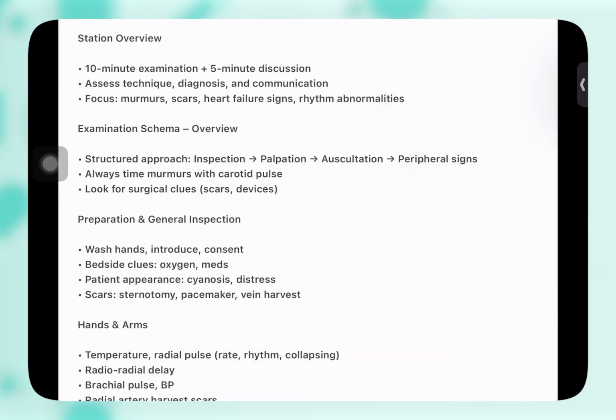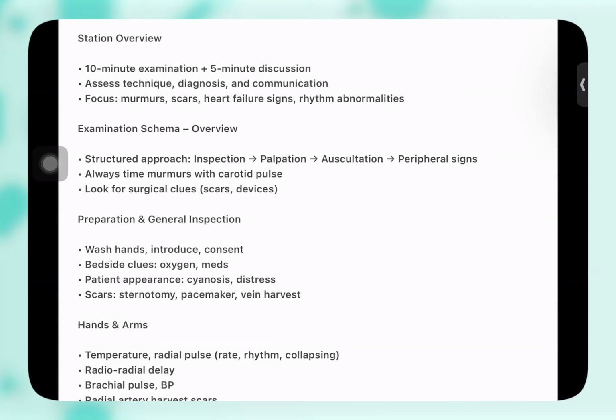What you see on the screen is a basic scheme for how to go about assessing a patient who has been given to you at the cardiovascular station. There are a few fundamentals that you have to understand. You should not be vague in your examination.